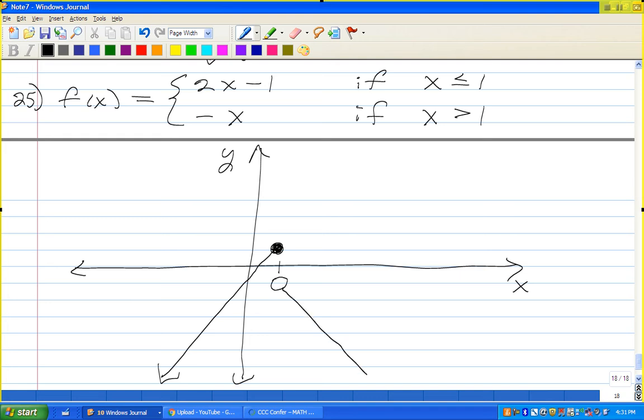And it looks like that. Okay, so this is the graph of y equaling f of x. So it has a slope of 2 for x less than 1 and a slope of negative 1 for x greater than 1.